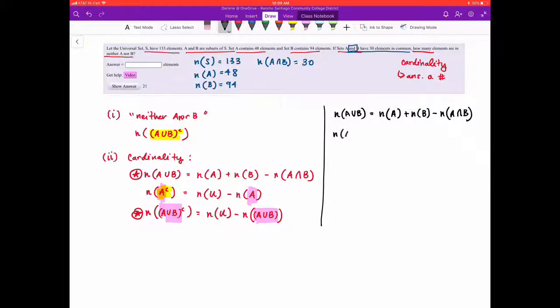So the number of elements in the union of A and B is going to be equal to the number of elements in A, which is 48, plus the number of elements in B, which is 94, minus the number of elements in the intersection, which is 30. So doing some arithmetic, we get 48 plus 94 minus 30 to be 112.